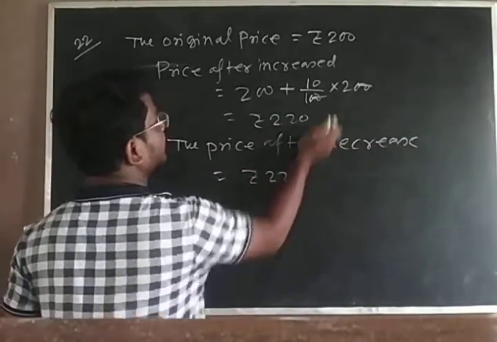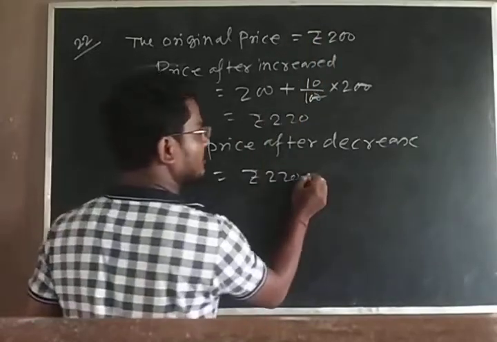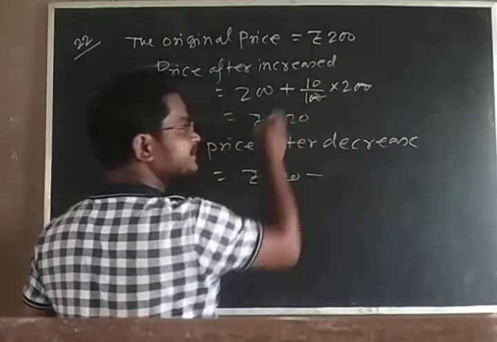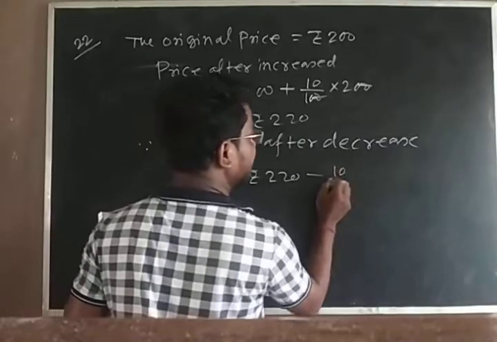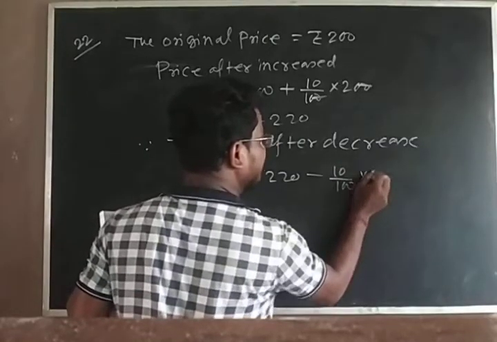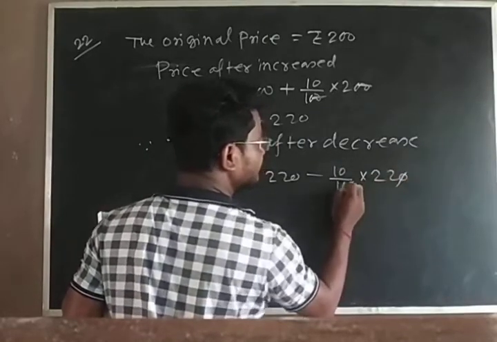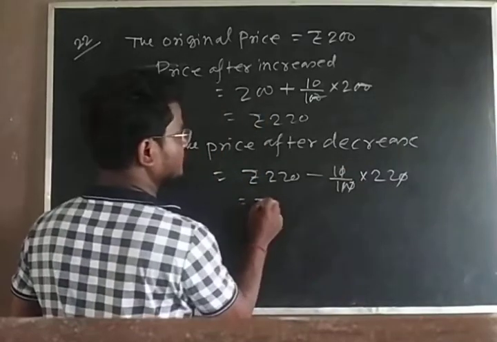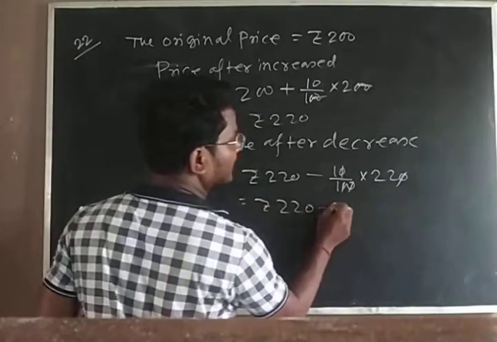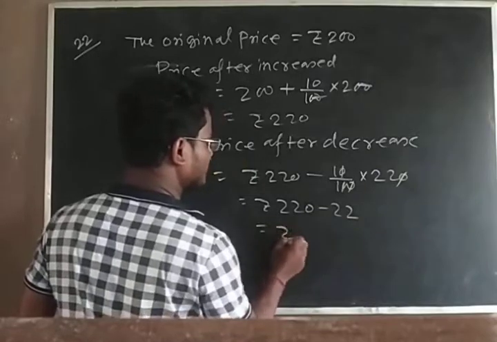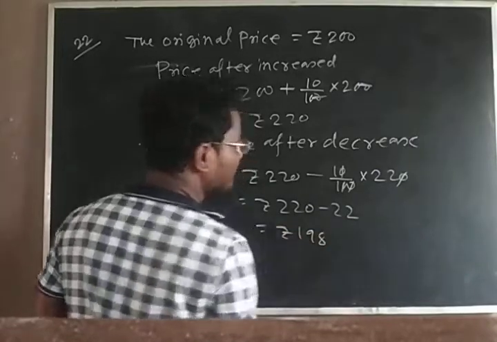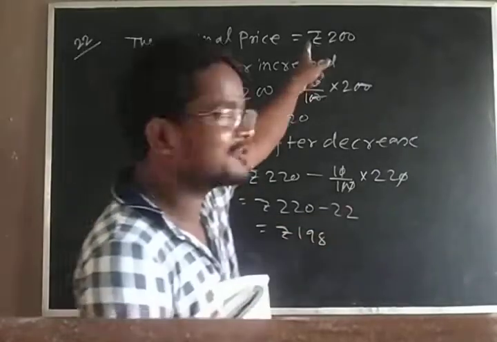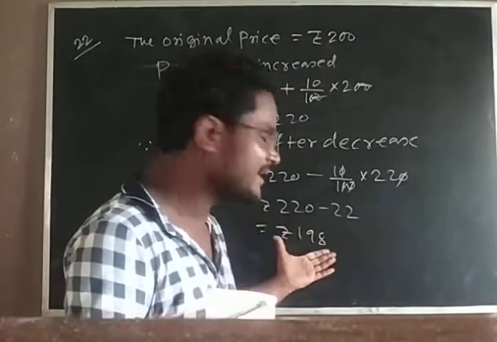Okay, some students will think the original price will be decreased. No, now the increased price will be decreased. How much? 10% of the increased price. That is 220 minus 22, is equal to 198. Now all of you see, the first original price was 200 and you get the final price 198.